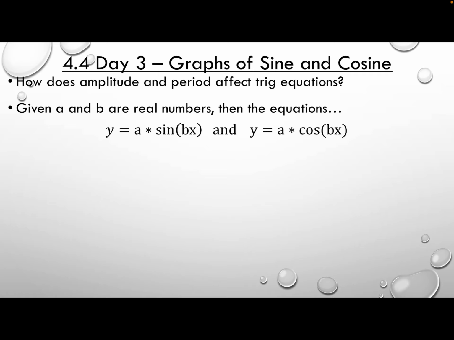So a and b are just numbers. These describe trig graphs where a equals the amplitude. That number in front of each respective trig equation represents the amplitude of the graph. And remember, amplitude is half the height of the curve.